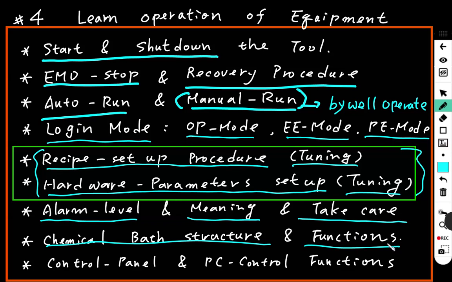And its functions: the DI water is to clean the wafer, and the chemical is to remove the particles or metal particles from the wafer surface, and so on.